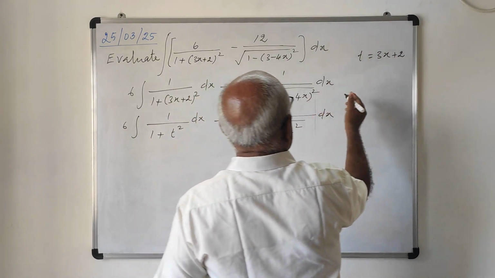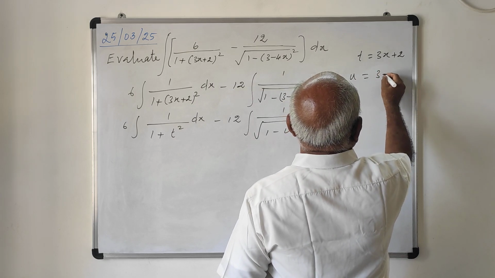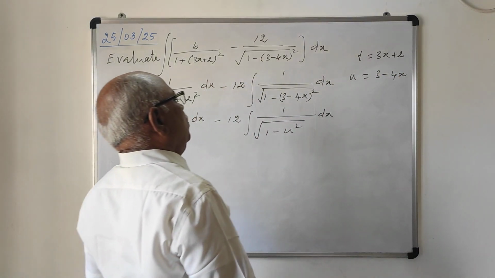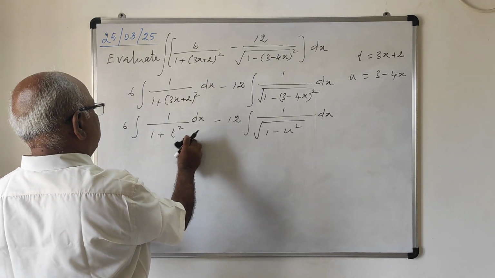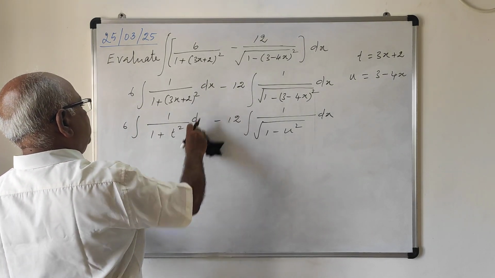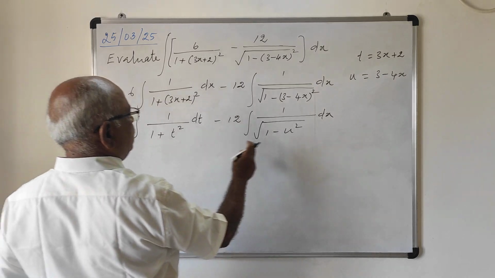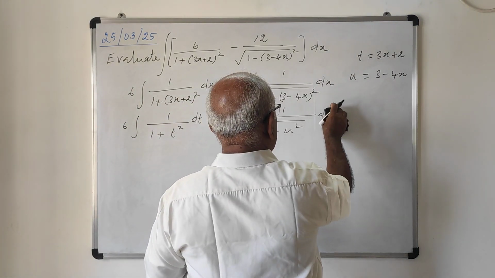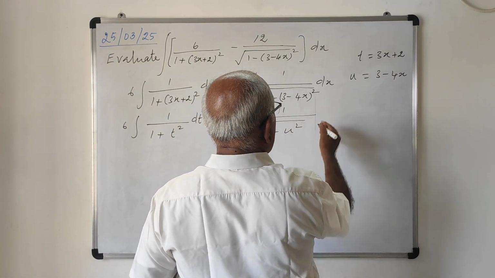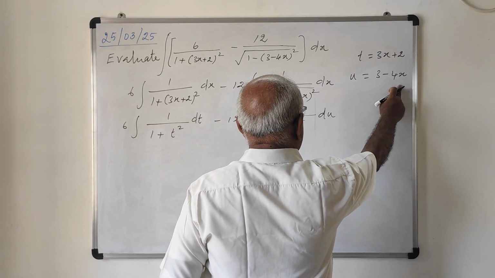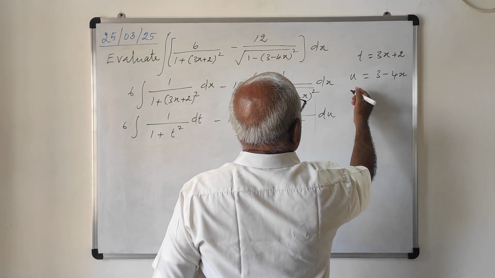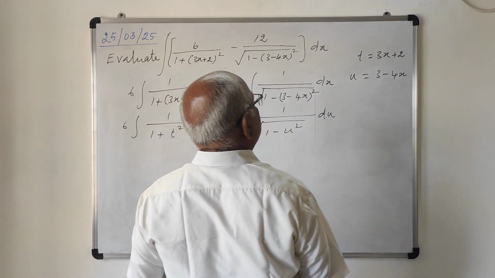In the second integral you substitute 3 minus 4x by u. Okay, if you substitute t, dx becomes dt, and if you substitute u, dx becomes du, because du is minus 4 dx.